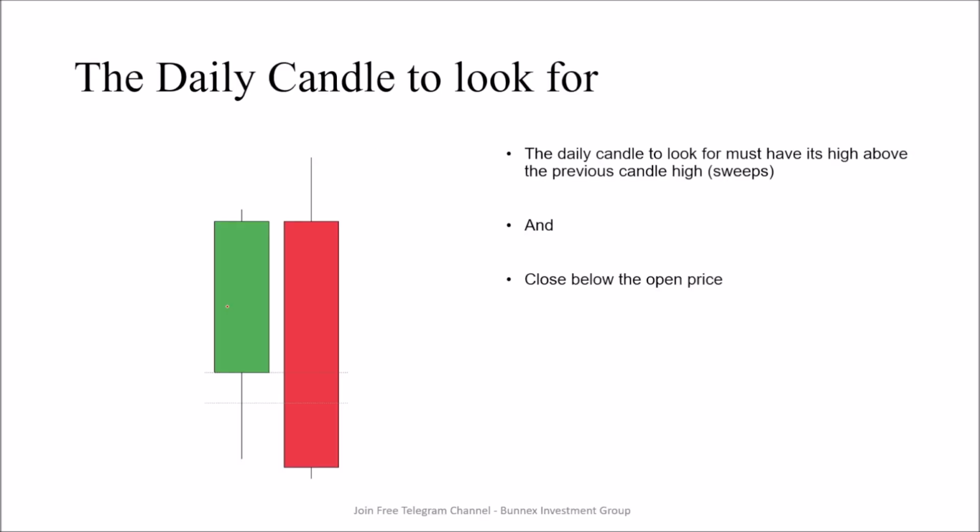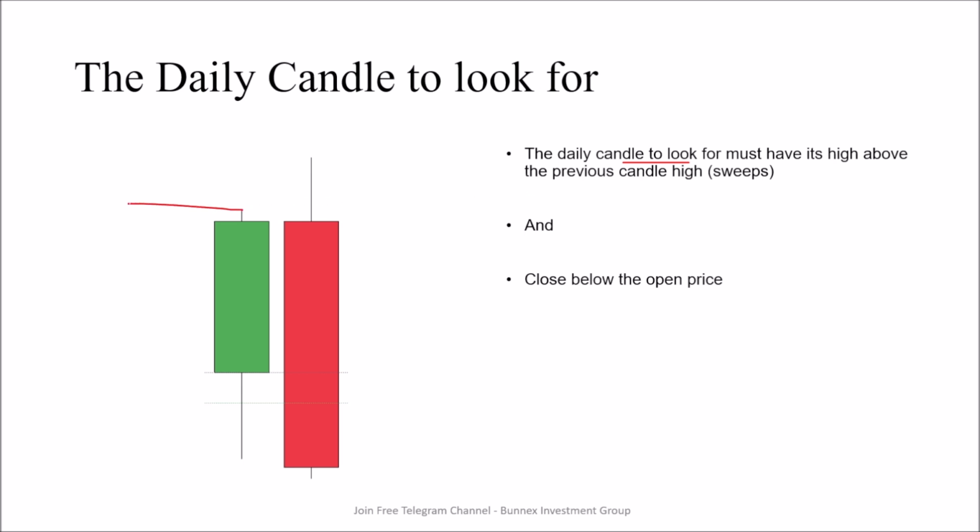All right, so basically we are going to define the daily candle that you're going to be looking for. You are going to be looking at the daily time frame chart, where you are going to be looking for a daily candle that exhibits these particular characteristics. The daily candle to look for must have its high above the previous candle high.